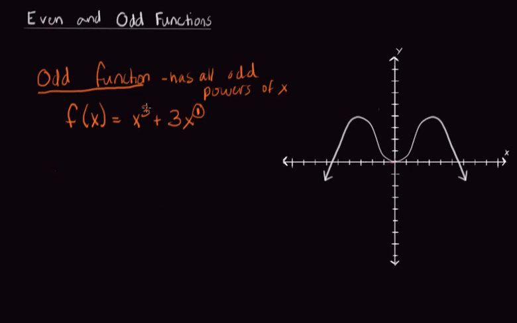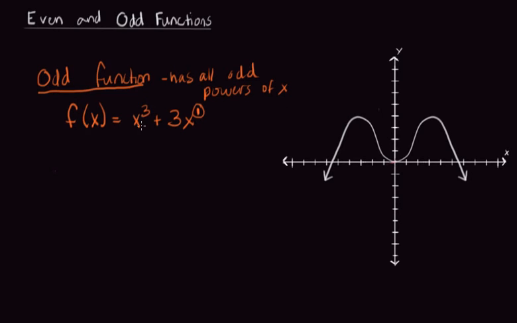So it has all odd powers of x, meaning that it can't have any even powers of x. So you don't want to see an x squared or x to the fourth, and you can't even have a plain number. That's because a plain number, just a constant like plus 4, is actually x to the 0 power, so that's an even power of x.